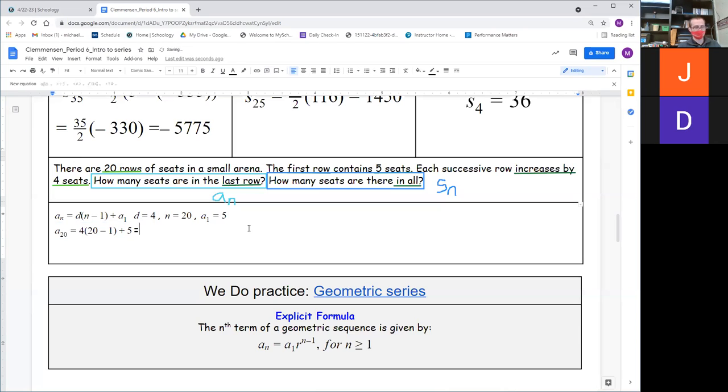Then I do some simplifying. 4 times 19 plus 5. 76 plus 5. 81. Making sure to label it with what my units are, seats. Then I'm going to box my answer with the same color.